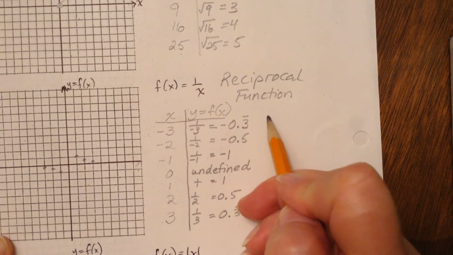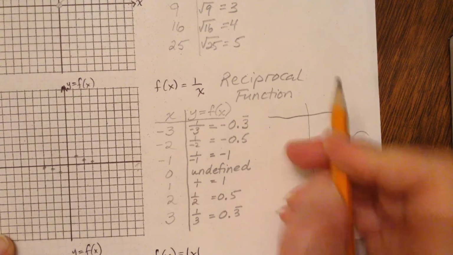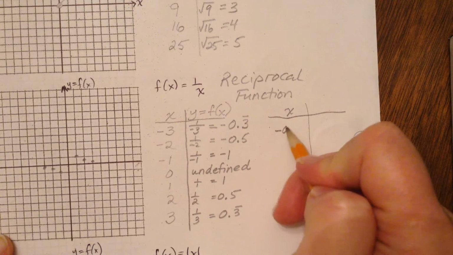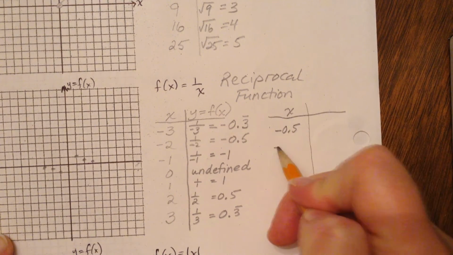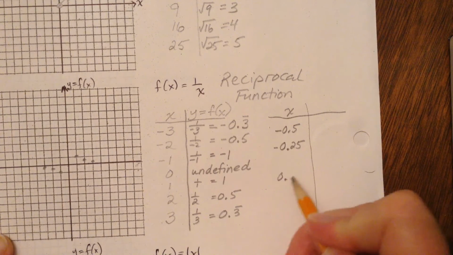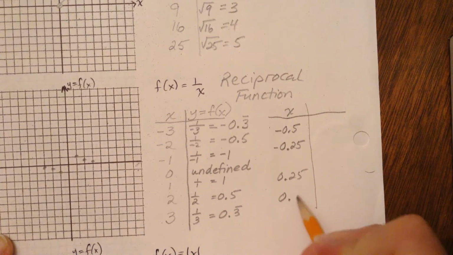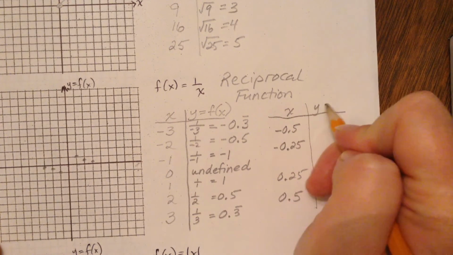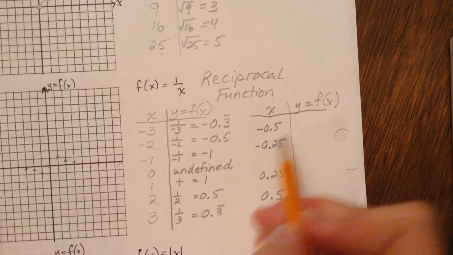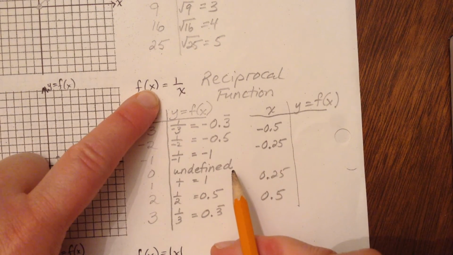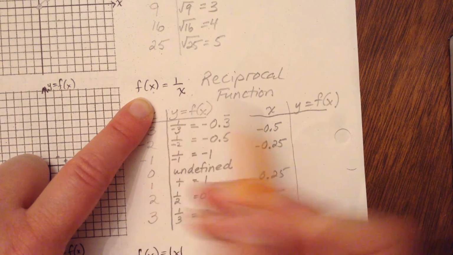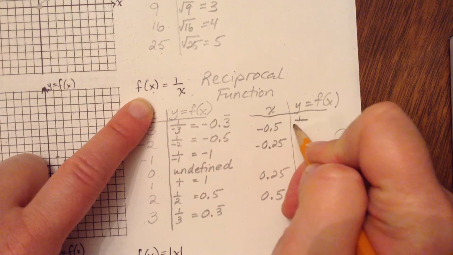So let's do a few more values here in our table, I'm going to choose negative 0.5 for x, negative 0.25. And I'm going to choose 0.25 and 0.5, just to get a little bit more idea of what is going on.